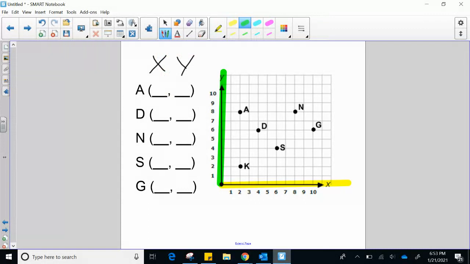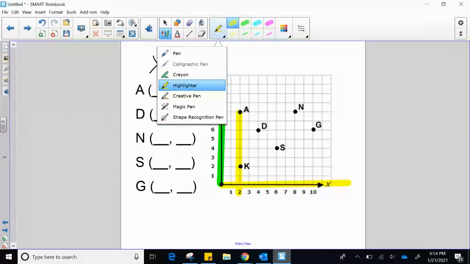So we're going to go ahead and do this, and I'm going to try and color code it so you can kind of see it a little bit. If you look at point A, the first thing that I want to notice is where it is along the x-axis. So if I drag my finger down, I can very clearly see it lines up with the number 2 along the x-axis.